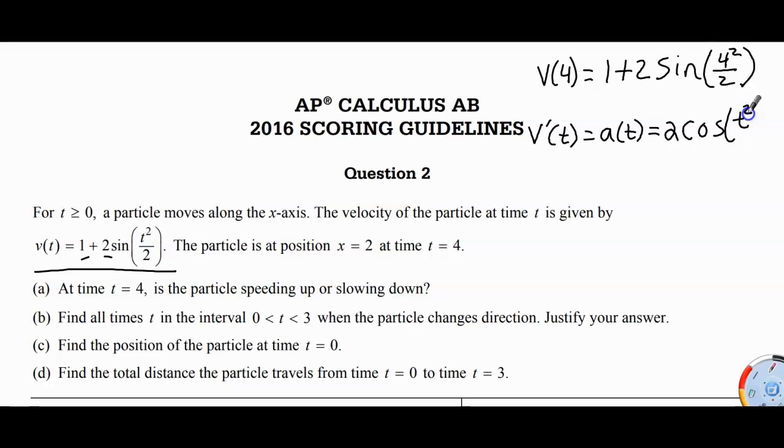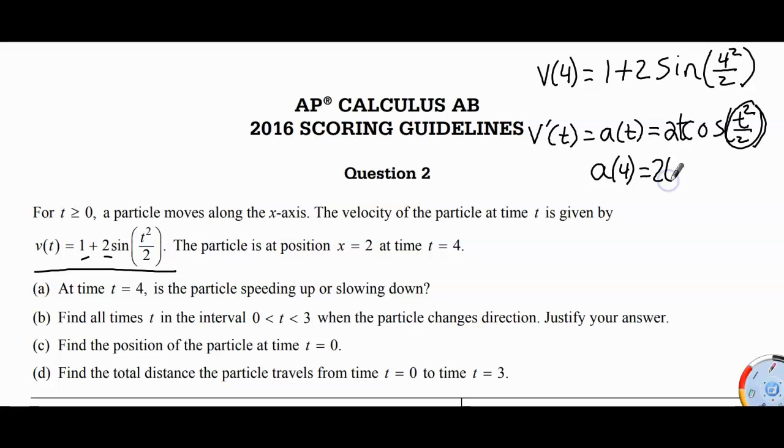And we leave the inside alone, but now we will multiply the entire thing by the derivative of the inside. The derivative of the inside, if you multiply 2 to the front, the 2's cancel and you're just left with t. So you end up with an extra t in the front after you do the chain rule there. So there is our acceleration function. And so the acceleration at 4, we need to find that also.